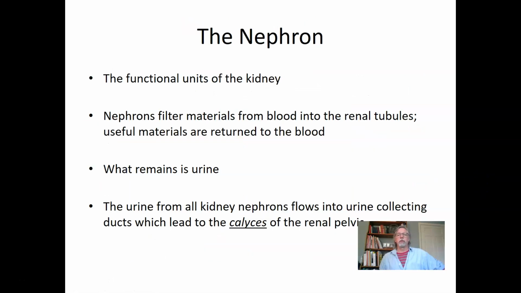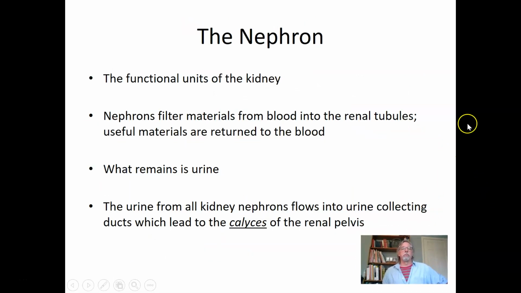Okay, so the nephron is the main functional unit in the kidney. What nephrons do is they receive blood through blood vessels, and they filter some materials out of that blood. Those materials enter into a set of tubes called the renal tubules.